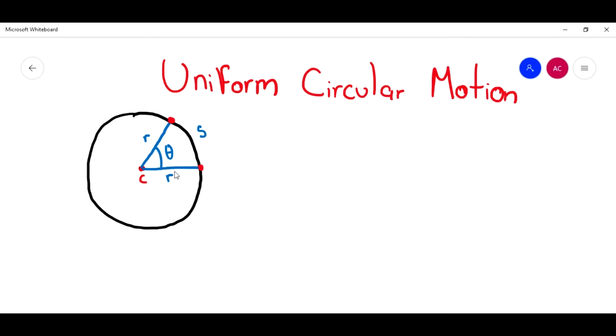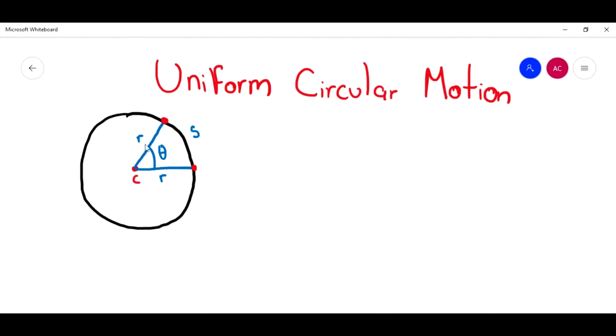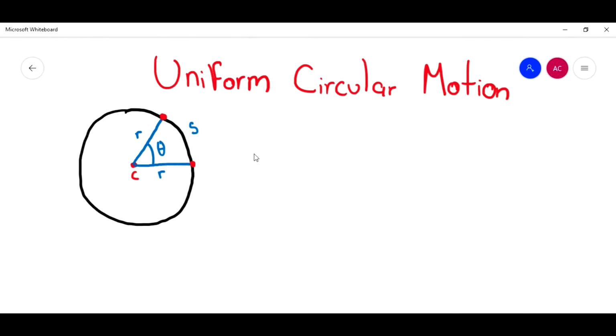You might remember this formula from math. This formula is very well known in mathematics. In math we have the definitions: R stands for radius, theta is the angle, and S stands for the arc.